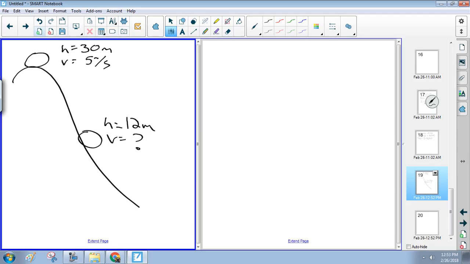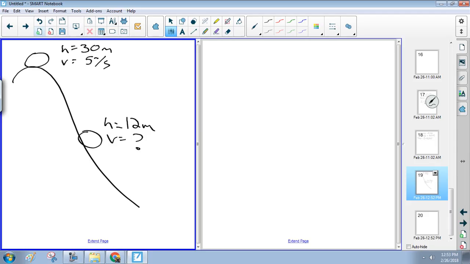Are we good? Okay, so I'll come back to the why in a minute, but for now, let's just accept that the total energy at this point is equal to the total energy at this point. As we go down the hill, what kind of energy are we losing? GPE, right? And in exchange, we're gaining KE and RKE. As he goes down the hill, if he's speeding up, he's also going to spin faster.